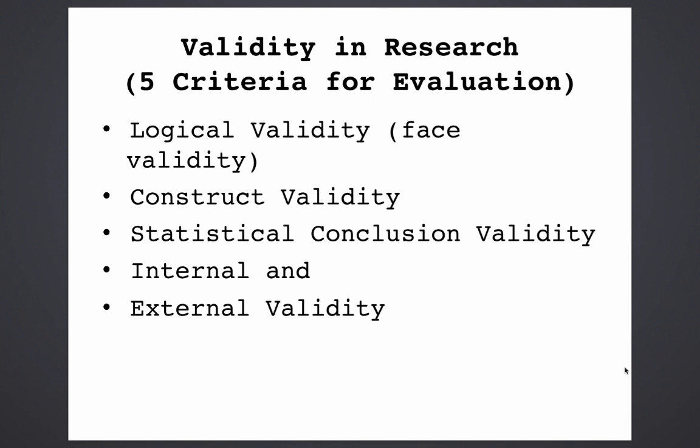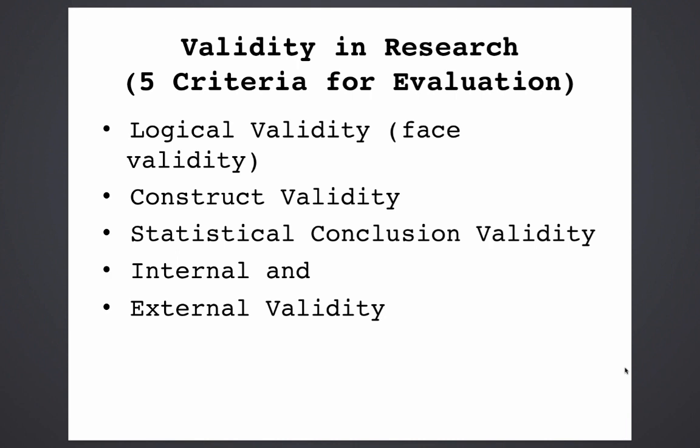And obviously, if those things are happening, then we should see that the findings flow logically from the methods. And again, finally, the conclusions flow logically from the findings. And so there's this path of argument that's being built in the results that are being presented in a research study.